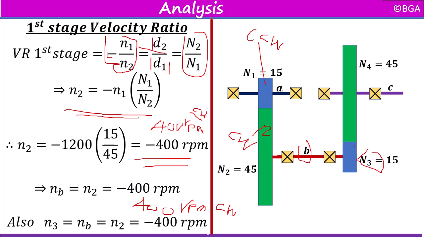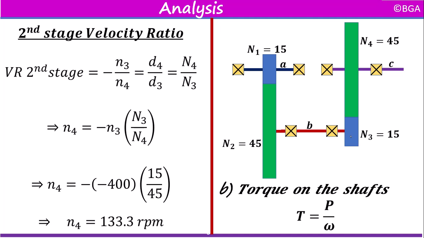Once we get these values, then we can determine the RPM of shaft C, or the RPM of gear 4. This is gear 4. So how do we find this one? Let's consider the second stage velocity ratio. Again, the velocity ratio for the second stage is expressed as the RPM of the driver gear to the RPM of the driven gear.